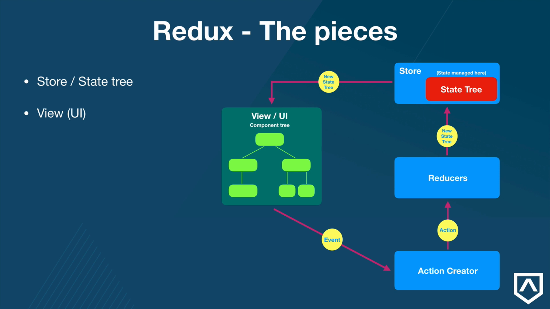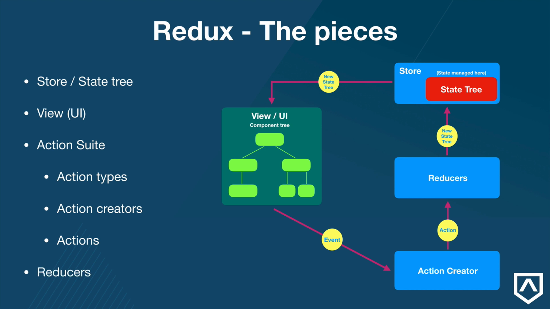When an event occurs, we use the action suite. There are action types, action creators, and actions. We'll get into what each of those are and the differences there, but for now, just know that an event will emit an action from the action creators to the reducers.